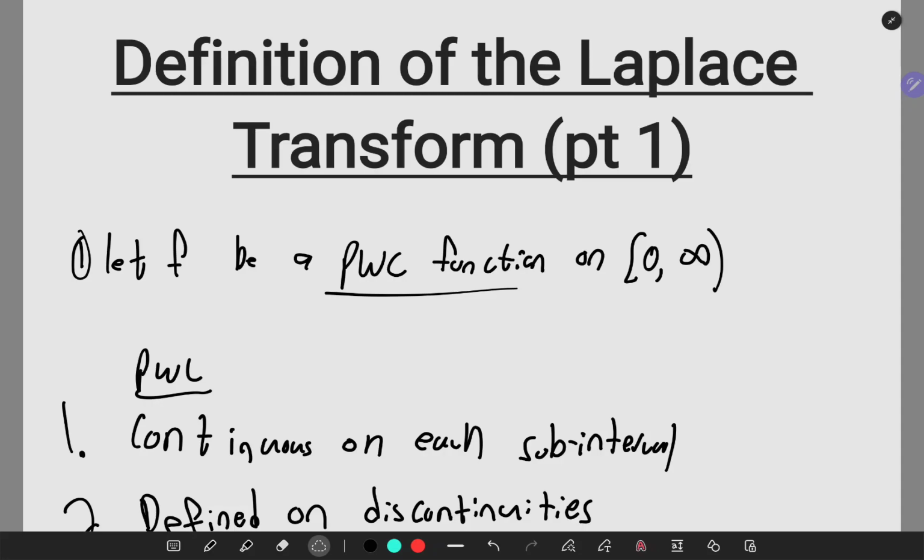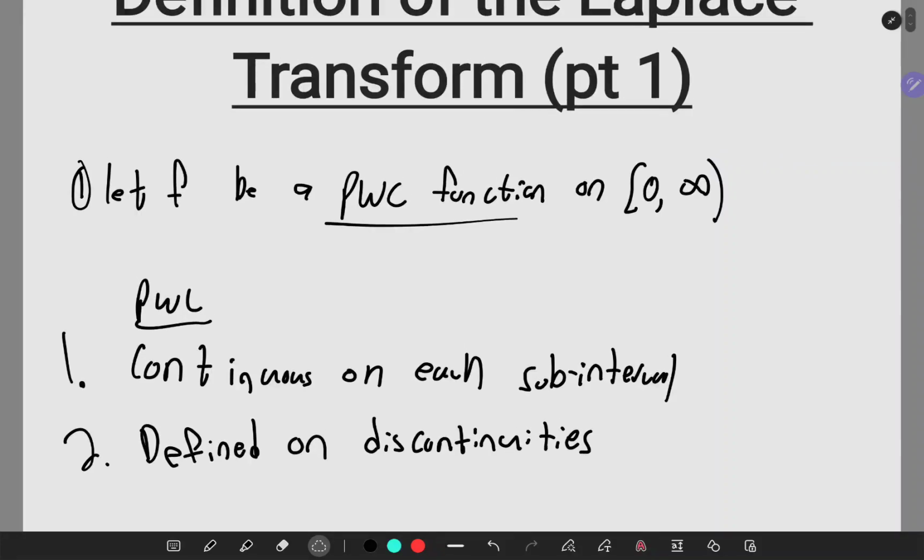So, what is a piecewise continuous function? You might already know, and if you do, go right ahead and skip this video and go to the next one, because I'm going to go over everything about piecewise continuous functions. For a function to be piecewise continuous, it has to be continuous on each subinterval, and it has to be defined on discontinuities, if there are any.